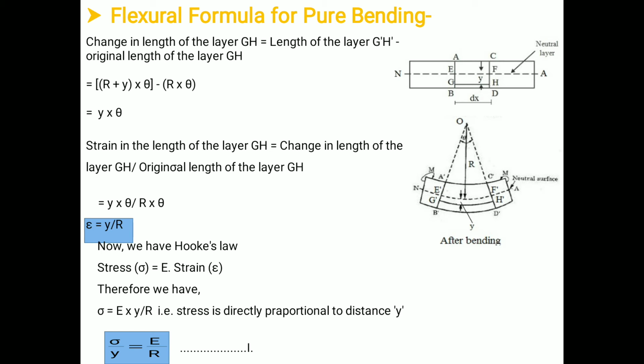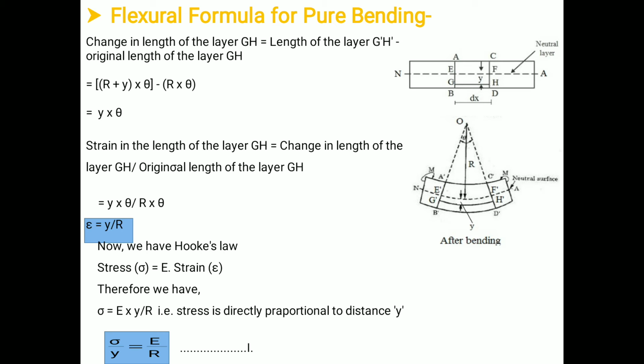Now, if you observe, the change in length of the layer GH is equal to the length of the layer G dash H dash minus the original length of the layer GH. From the figure, you can observe that the change in length of the layer GH is nothing but the length of layer G dash H dash minus the original length of the layer GH.